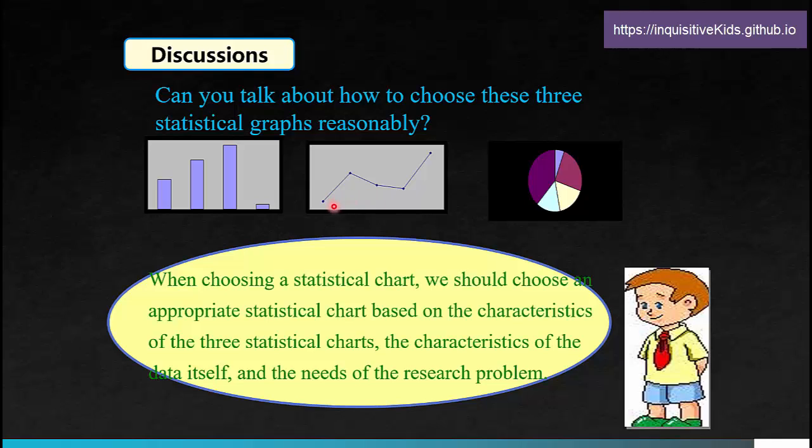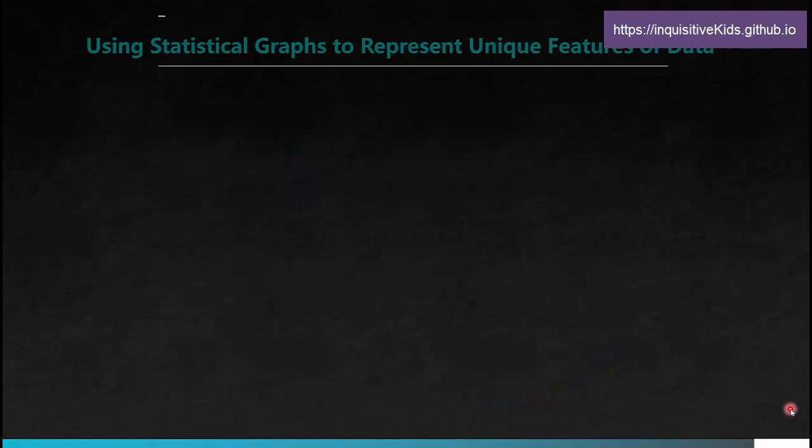If we want to see the change of an event, or say an experiment, over different times and dates, we can see the change easily by graphing a line chart. We can also find the exact amount of data and compare those with a bar chart. Using a statistical graph to represent unique features of data.